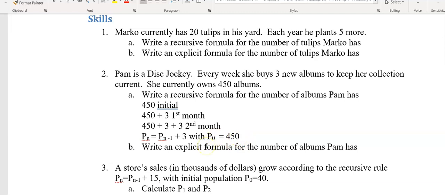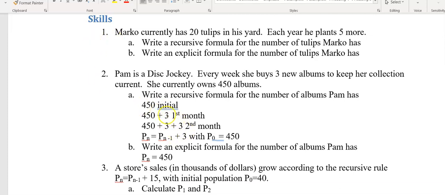All right, now an explicit formula is much more useful to us. So if we write the explicit formula out, our explicit formula for P sub n, we're going to take 450 as our initial amount, and then every month we add 3 more.